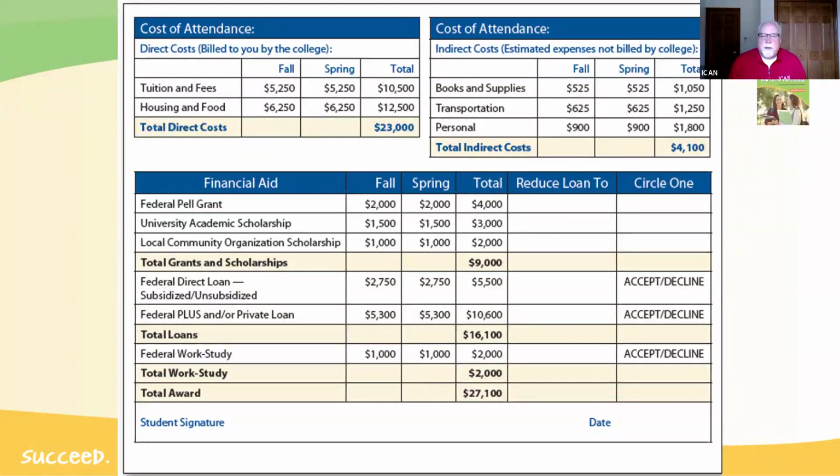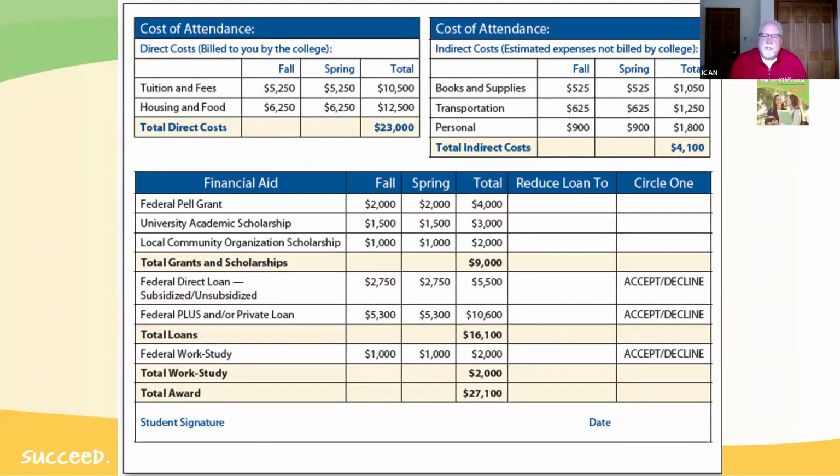So it says billed to you by the college. And that totals $23,000 for a student living on campus. So this, by the way, could be an example of a 4-year public university. Notice on the right, it has about $4,100, but that's estimated for books, supplies, transportation, personal expenses. So it may or may not cost the student that much for books, etc.